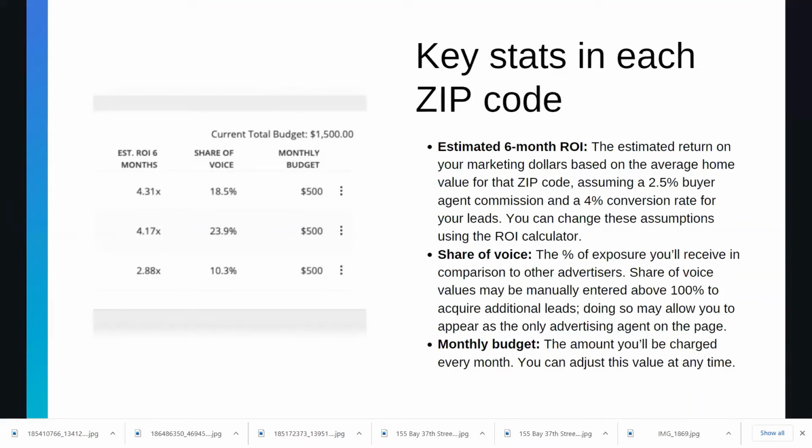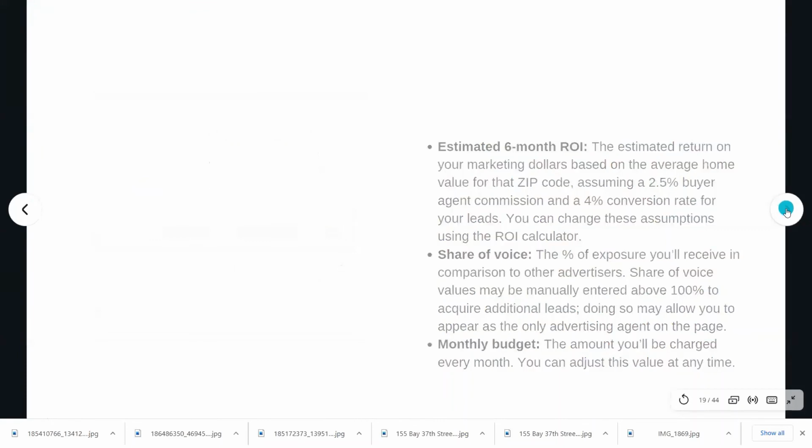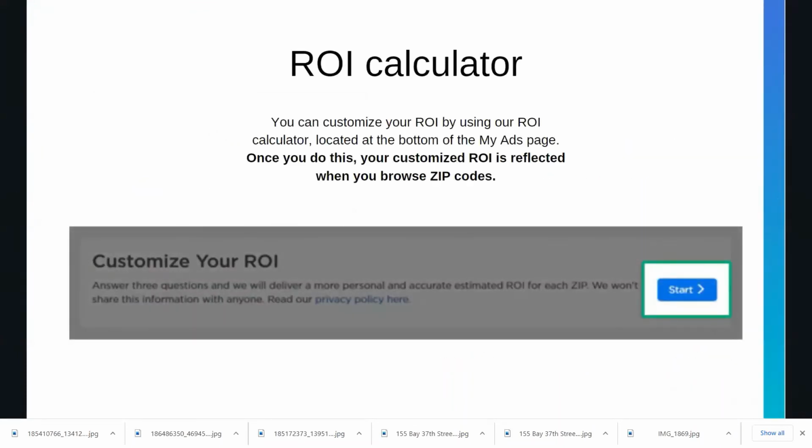And your estimated 6-month return on your investment, your share of voice percentage, and then that is your monthly budget. So again, you will see, hey, is this most likely going to be worth it? So quickly, you can use your ROI calculator located at the bottom of the My Ads page, and this will customize your ROI.